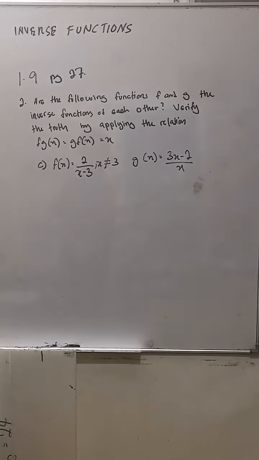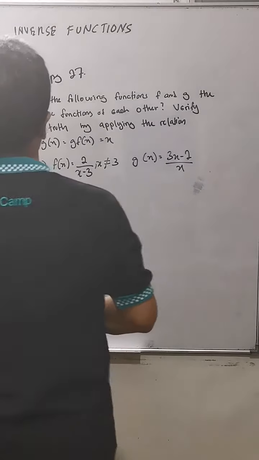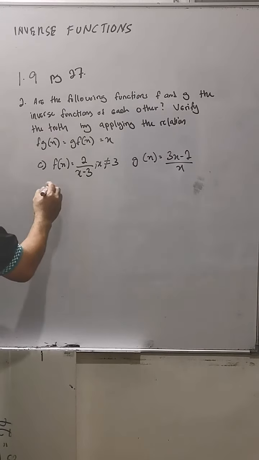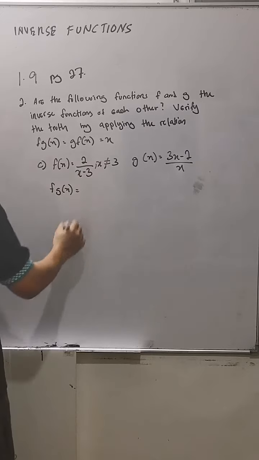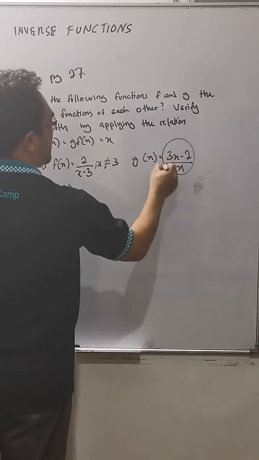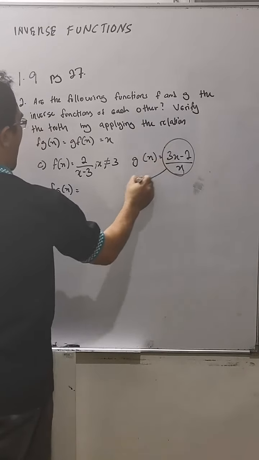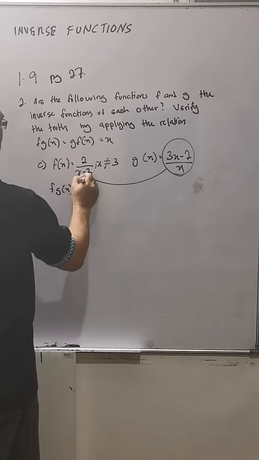We come to number 2C. So again, we have to find f(g(x)). f(g(x)) will be substitute g inside f where x is. There is only one x here.